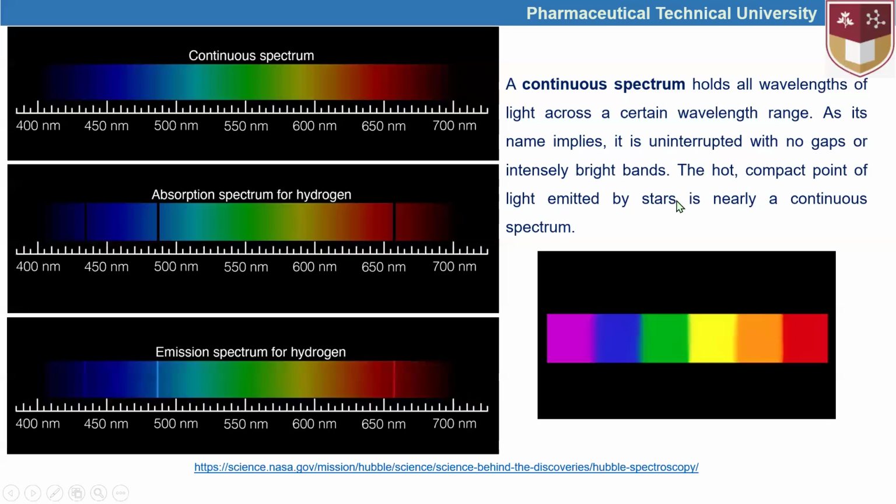Here there are gaps. The hot compact point of light emitted by stars is nearly a continuous spectrum, an example of a continuous spectrum.